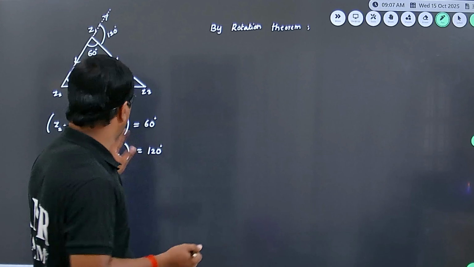If I change the direction, that is, if I write Z1 minus Z2, then consider the angle made by Z1 minus Z2 with Z3 minus Z1. Z1 minus Z2 means reverse direction. So in the reverse direction, the angle between them is 120 degrees. Okay?